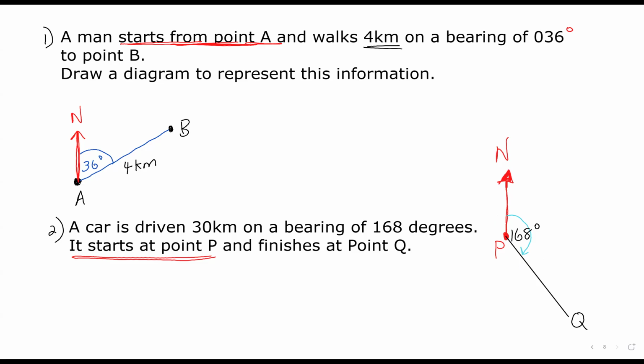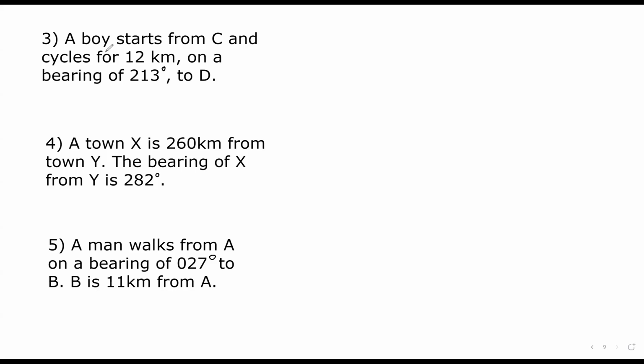At this point, we're going to pause for a little bit. The boy starts from C. So we know that C is our starting point, so our north line goes at C. This is our north line, since he starts from C and cycles for 12 km on a bearing of 213 degrees to D. If you're starting at the north, 213 degrees will start here and go all the way around till about here.